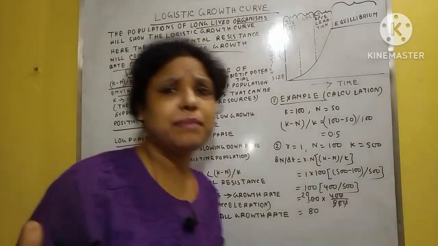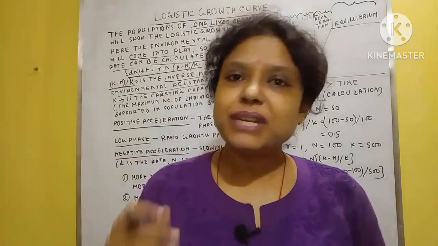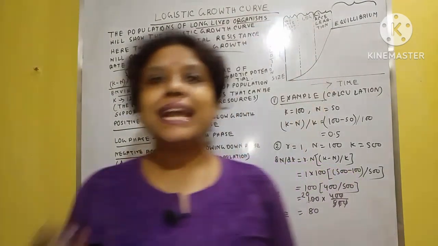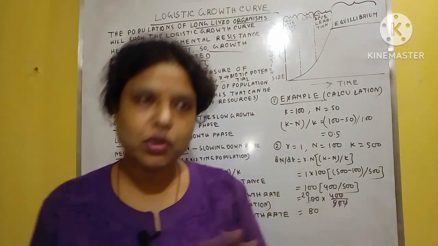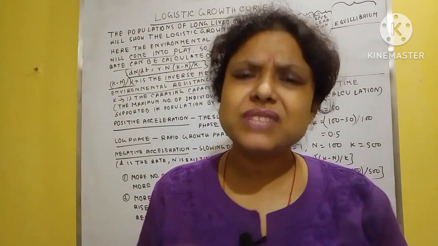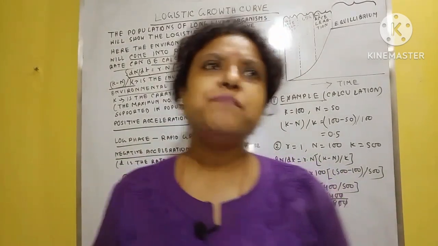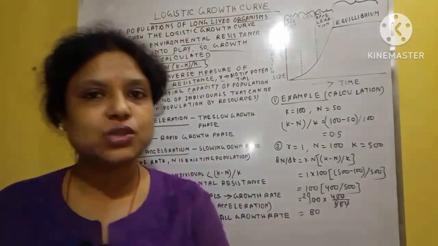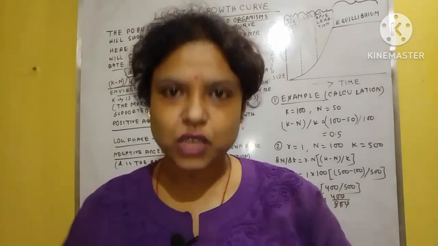And what is carrying capacity? I already explained it in the J-shaped curve, but here I will say briefly that carrying capacity is actually the number of animals that nature fixes according to the resource materials in a particular habitat.